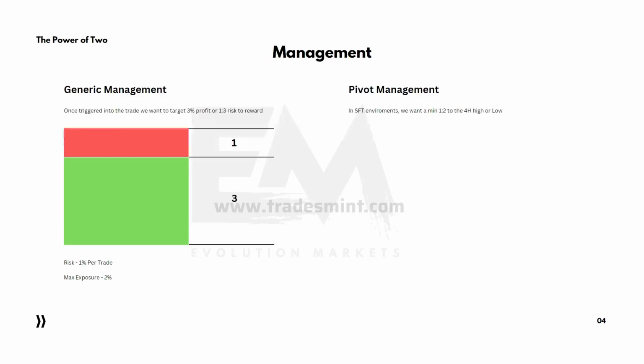Where are you relative to the 4-hour dealing ranges? That can really give you a sense of whether the trade is worth taking. And that's going to come with experience, time on the charts, and back-tested and forward-tested data. It's really going to help you with that.